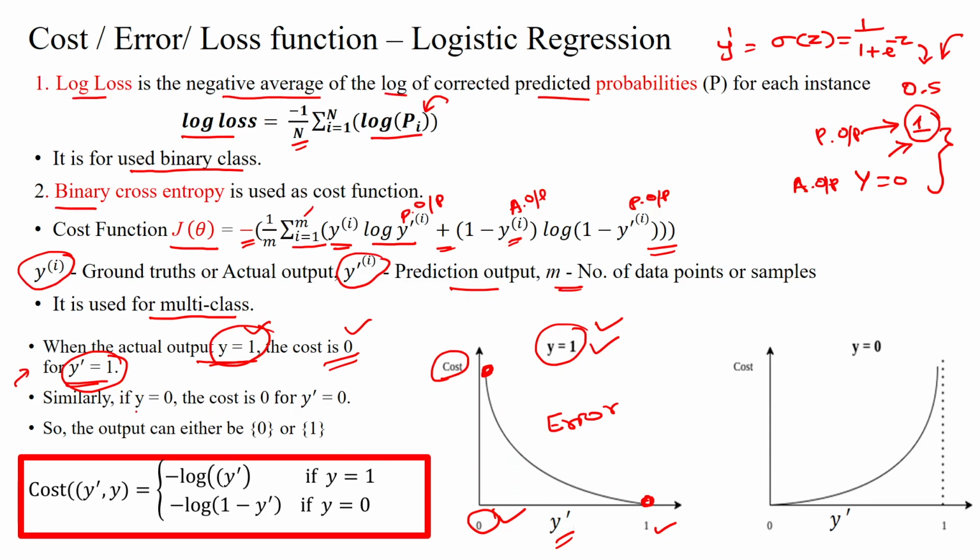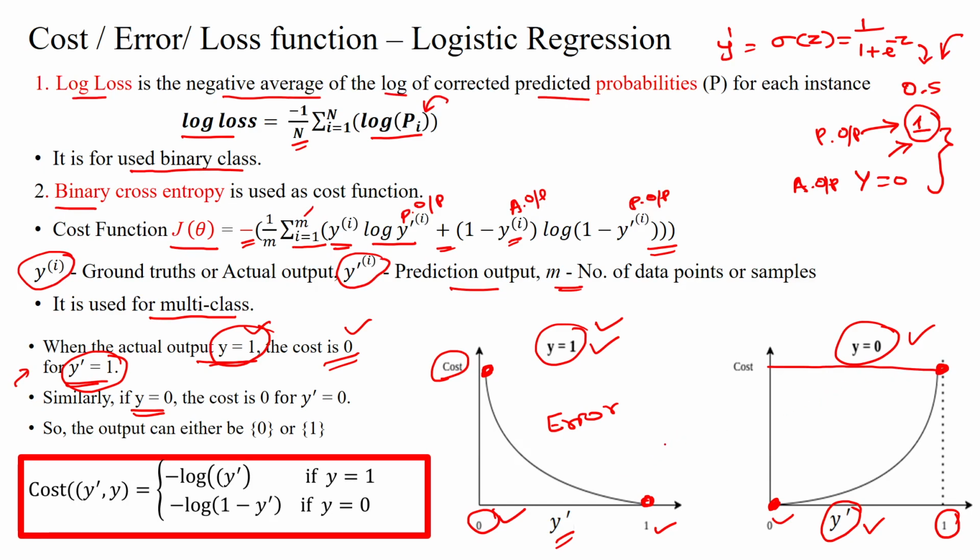And if y equal to 0 and y dash is also correctly predicted as 0, then there is no error, so 0 error. If y dash is 1 but the actual output is 0, then there is a high error. That is what is mentioned as high error.